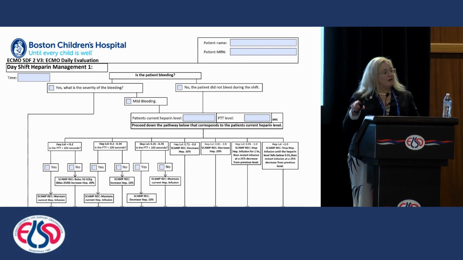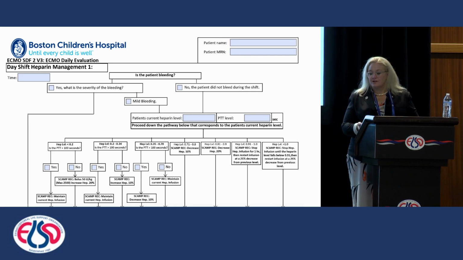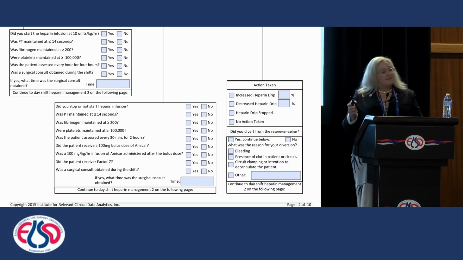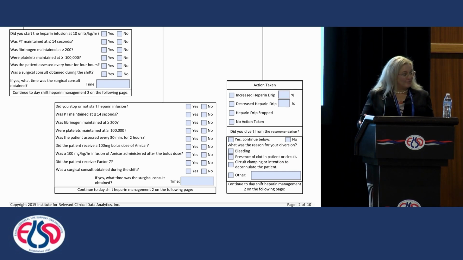And they write in the lab values, follow the chart, which includes the practical application of the algorithm that I showed you earlier. And there's a space at the bottom of each form, I'm not kidding, we're still talking about paper-based forms, for deviations from the plan. So not just did you deviate, but why did you deviate?